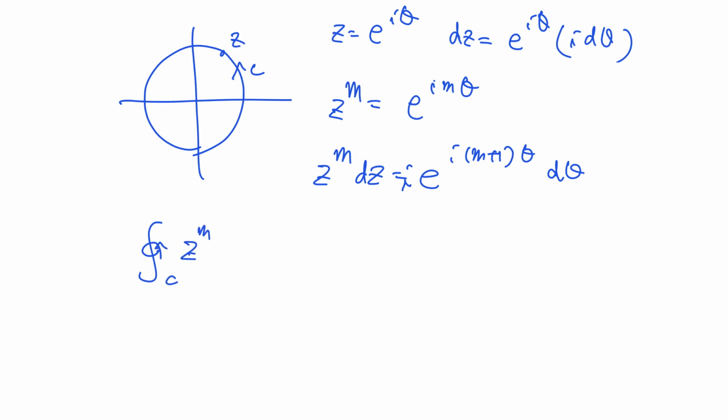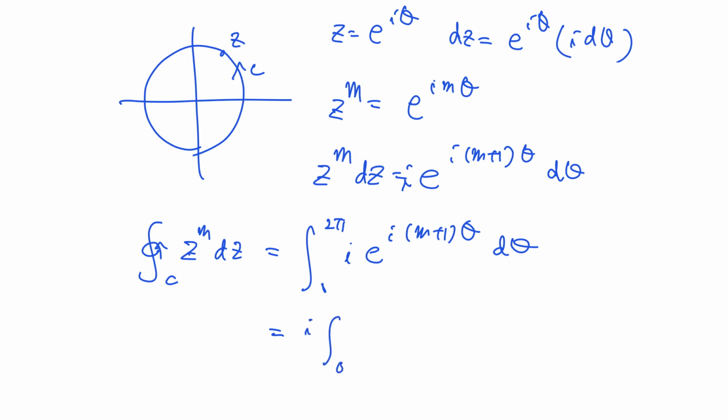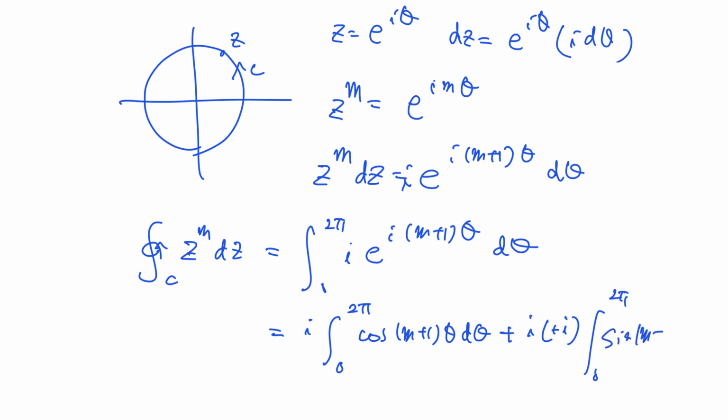So the integral of z to the m dz is, from 0 to 2 pi, i exponential i (m plus 1) theta d theta, which is i times the integral of cosine (m plus 1) theta d theta, minus i plus i times the integral of sine (m plus 1) theta d theta.